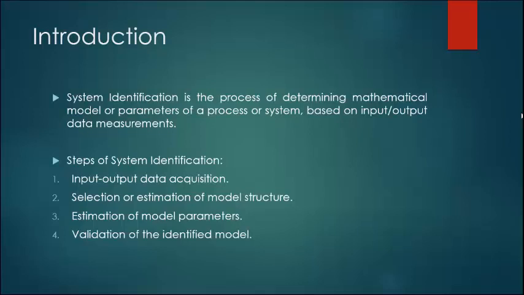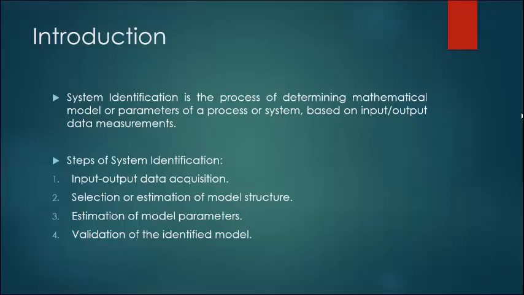So in the first step, what we do is basically we take our system and we give it an input signal, and we measure the output of the system, and we measure a set of values through a finite time, and that is data acquisition. After that, we select a model, like a transfer function of that system, or we estimate it if we don't have a model.